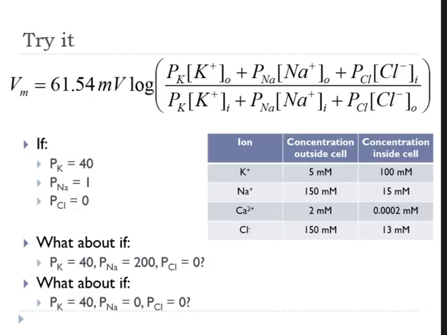Because we're doing a logarithm here, effectively if you invert these numbers, that is the same as getting a negative charge once you take the log. So this allows us to get away from having that Z term, because Z is going to be different for each of these different ions. Because chloride is negative, you have to invert the concentration, in divided by out, instead of out divided by in as for the other two ions.